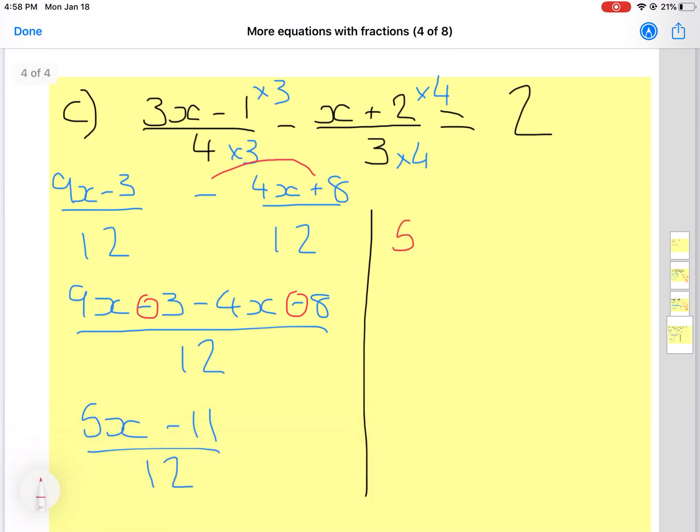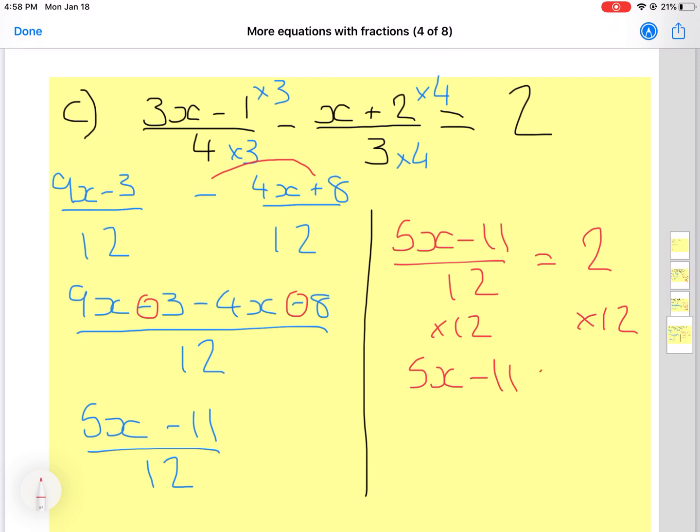Okay, so we replace the 5x minus 11 over 12 on the left hand side of the equation, which equals 2, times by 12 both sides. 5x minus 11 equals 24. Add 11. 5x equals 35. Divide by 5. So x equals 7.